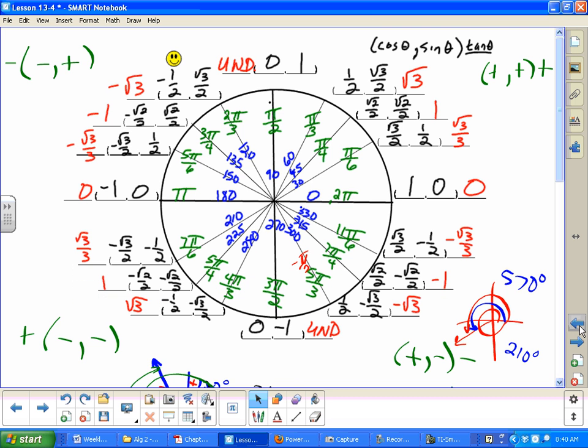What I want you to think about is look at the unit circle. Look at tangent in the first quadrant and the third quadrant. They're both positive there, right? Tangent in the second and the fourth are both negative. So here's pi over 4.